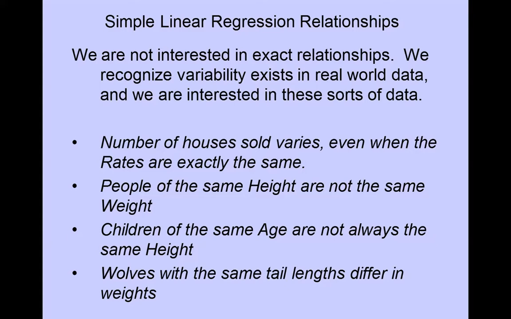You're going to sell different numbers of houses. People who are the same height are not always the same weight. Children who are the same age are not always the same height. And wolves with the same tail lengths can also differ in weight. So we recognize that there is natural variability in our models.